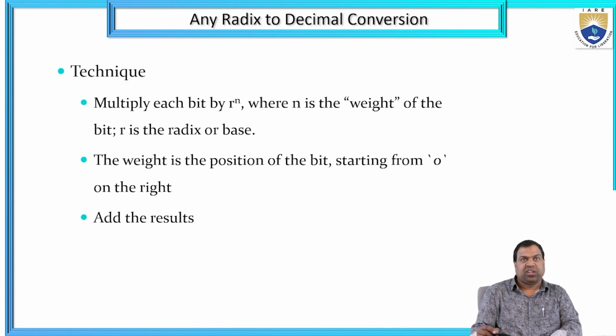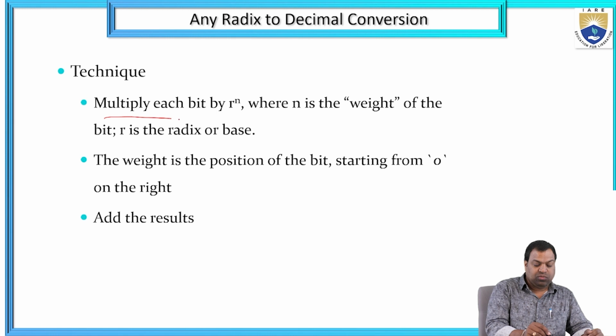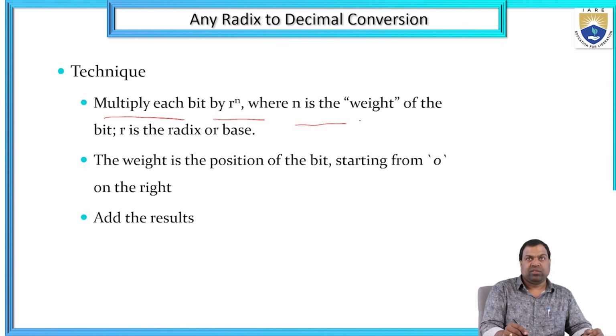And what is the technique for this? Multiply each bit by r power n, where n is the weight of the bit and r is the radix or base. The weight is the position of the bit starting from 0 on the right. Add the results. Taking 547 in base 8, we convert to decimal.